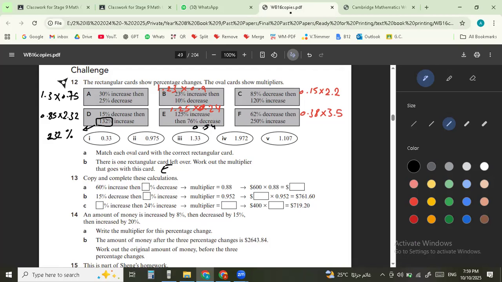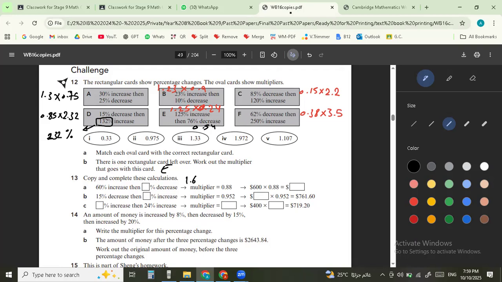All right, copy and complete these calculations. A 60% increase, then what percent decrease? The multiplier is 0.88, so 600 times 0.88. Okay, here, they're saying it to you exactly. A 60% increase is actually 1.6, because it's 160%.